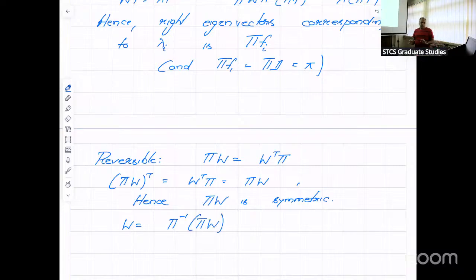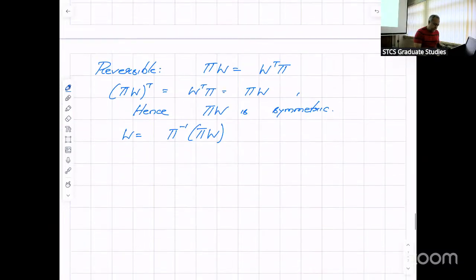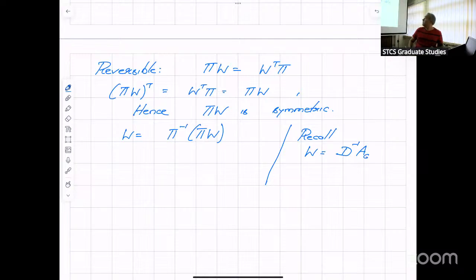Why am I doing all this? Recall when we had an undirected graph, W was the degree inverse times the adjacency matrix. The adjacency matrix was some symmetric matrix multiplied by D inverse. This is also some symmetric matrix multiplied by pi inverse, which is actually proportional to the degree.